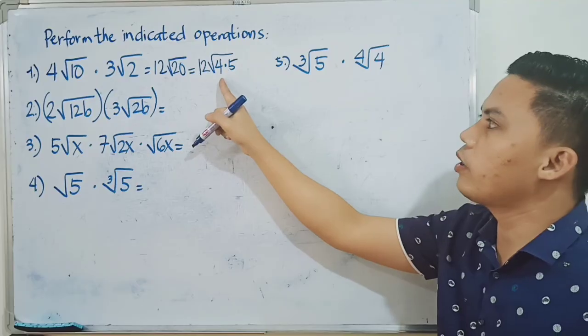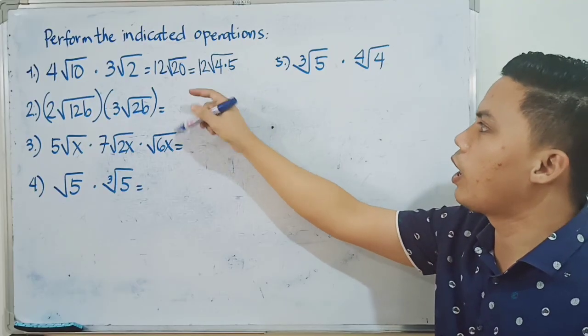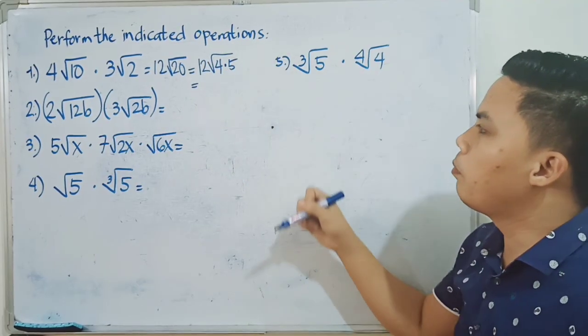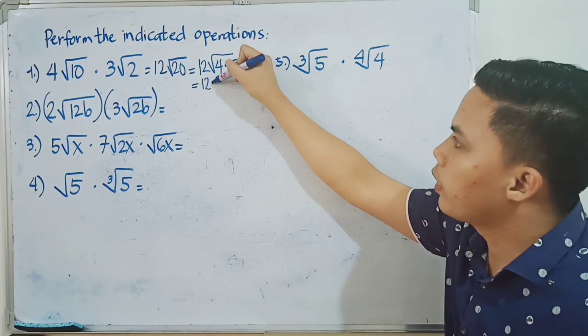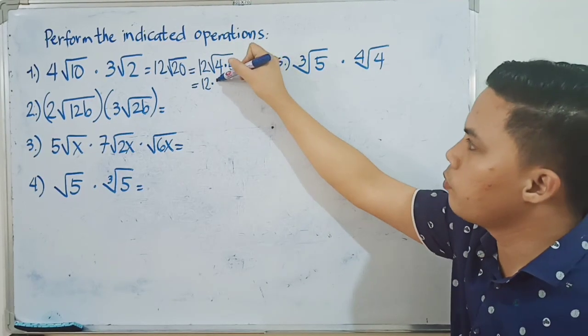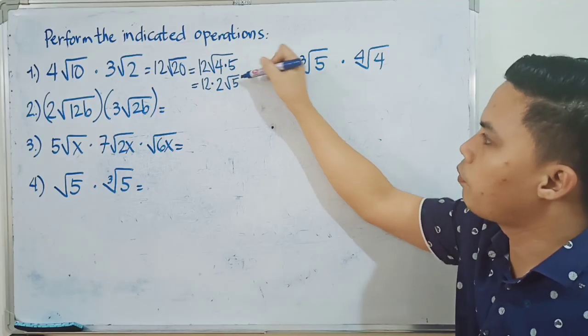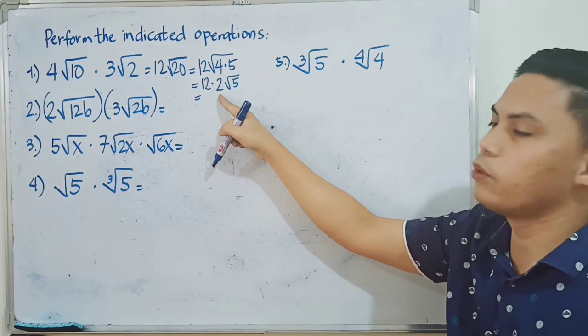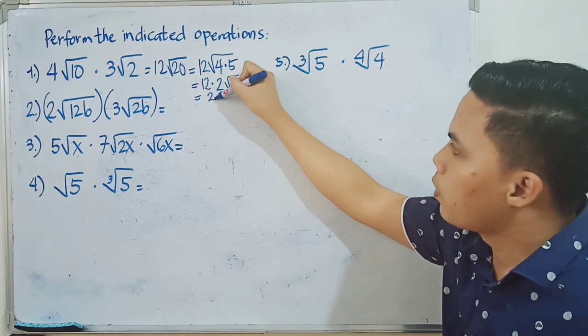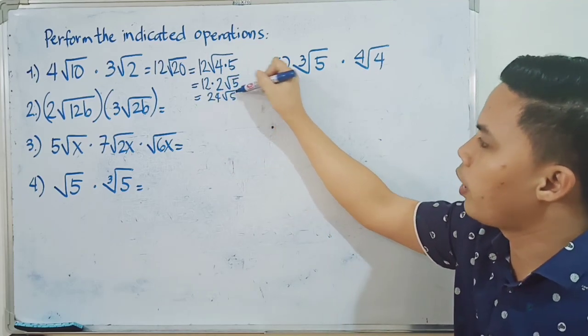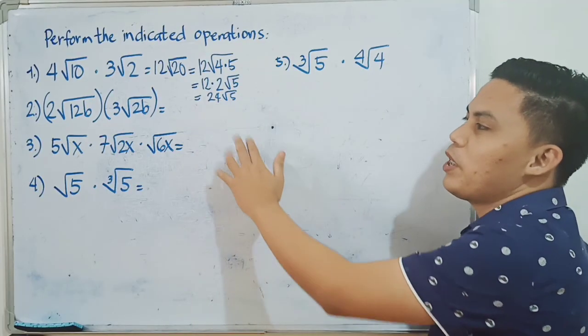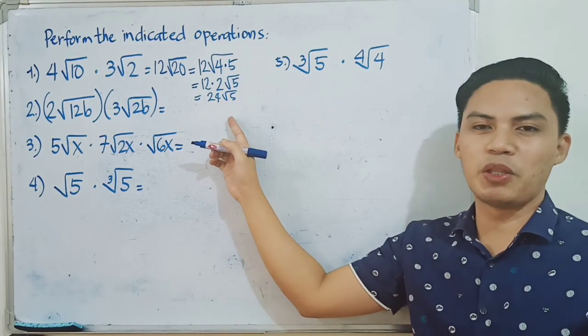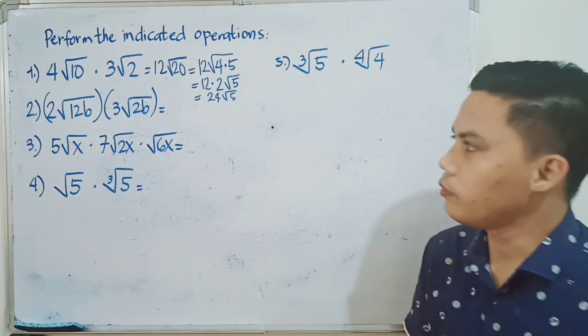Then, i-extract natin si 4 kasi nga perfect square siya. Ilalabas natin. So, it will become 12 times square root of 4 is 2. Then, square root of 5, yung matitira. And finally, the answer is 12 times 2, that will be 24. So, 24 square root of 5. Pasensya, konti na lang yung space. So, this would be our final answer, 24 square root of 5.